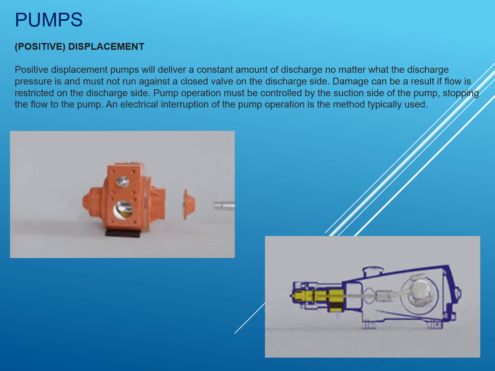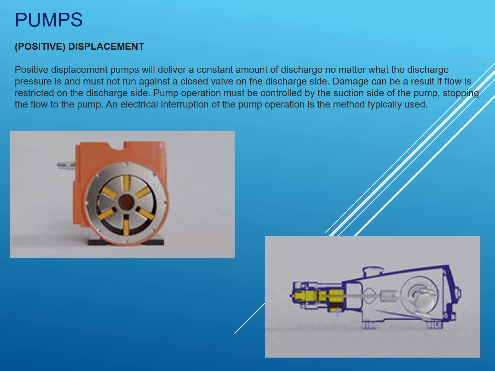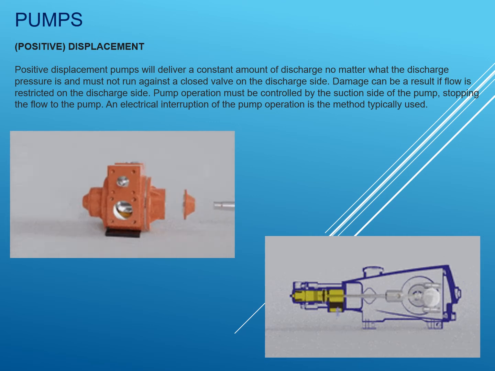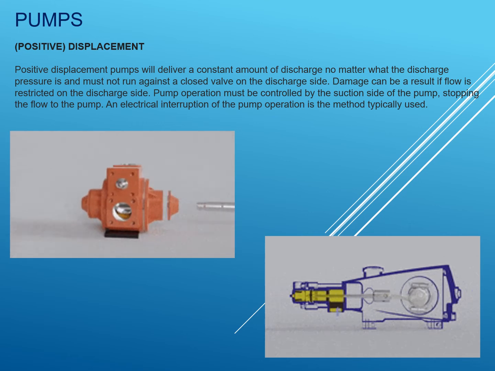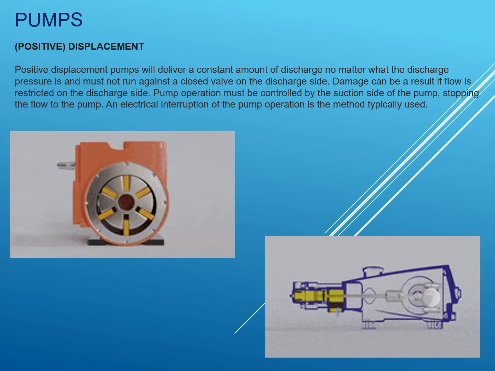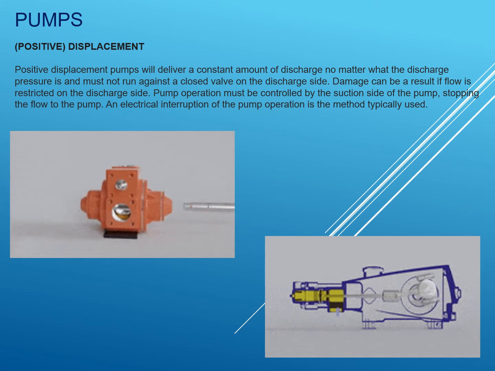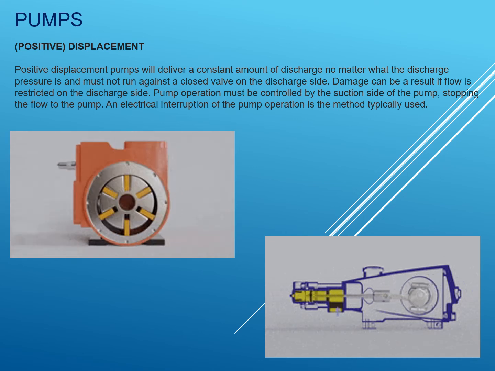The next is called a positive displacement pump, which will deliver a constant amount of discharge no matter what the discharge pressure is, and must not run against a closed valve on the discharge side, meaning that when this pump turns on, there should not be any resistance on the outside portion where water is flowing out.